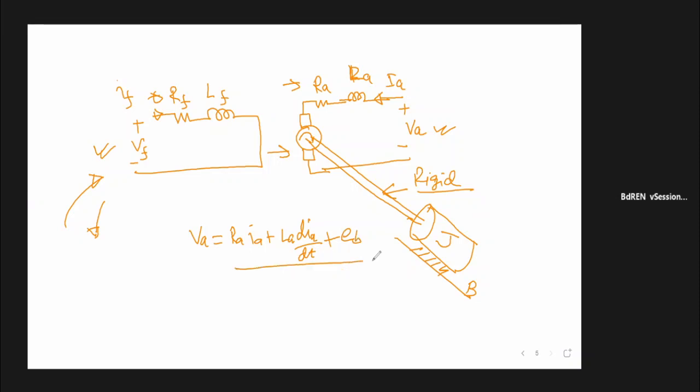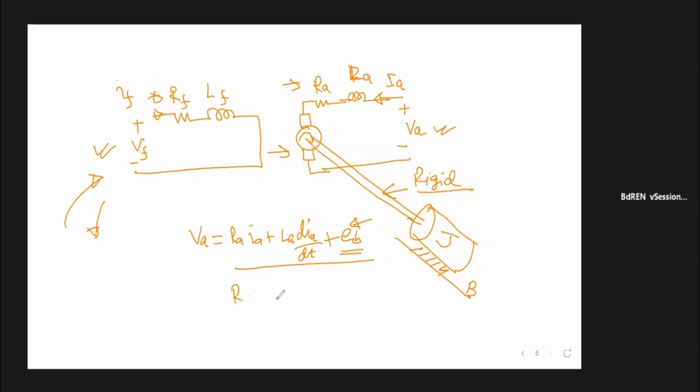So this is your equation. And we know that this EMF is a generator action in a motor. And that EMF magnitude depends on how many windings there are, how much flux it is cutting, and what the speed of your motor is. As a result, it will always be a function of field current and speed.